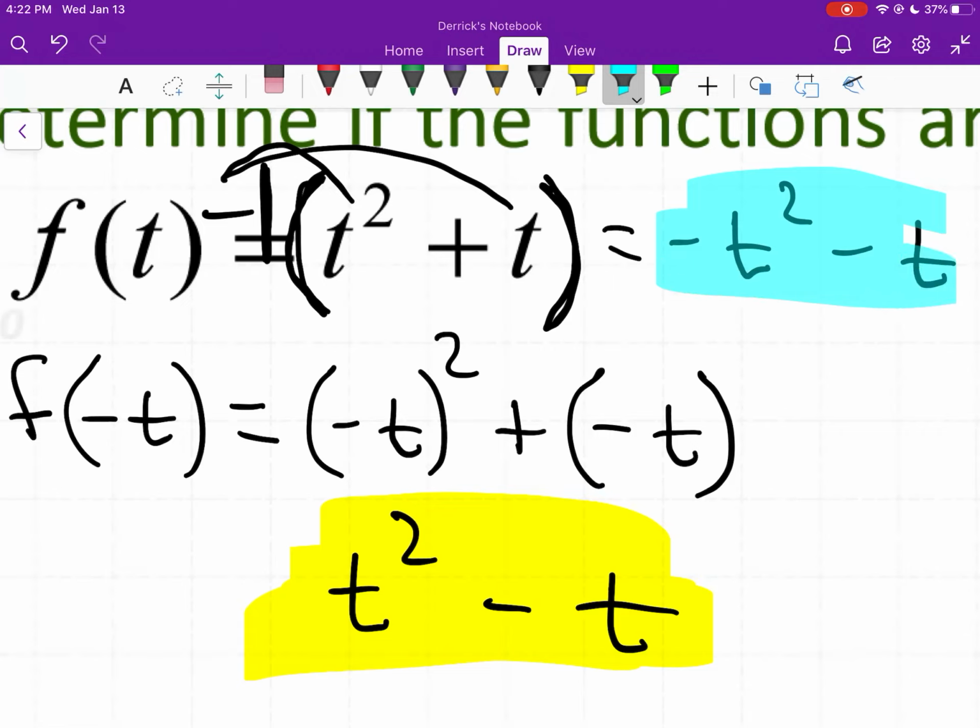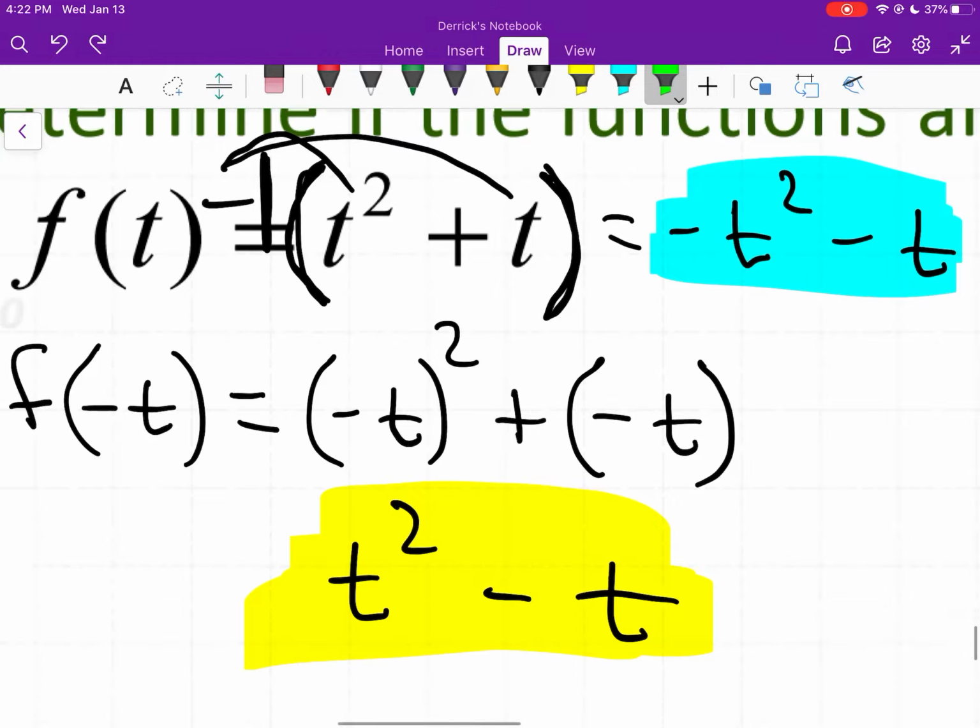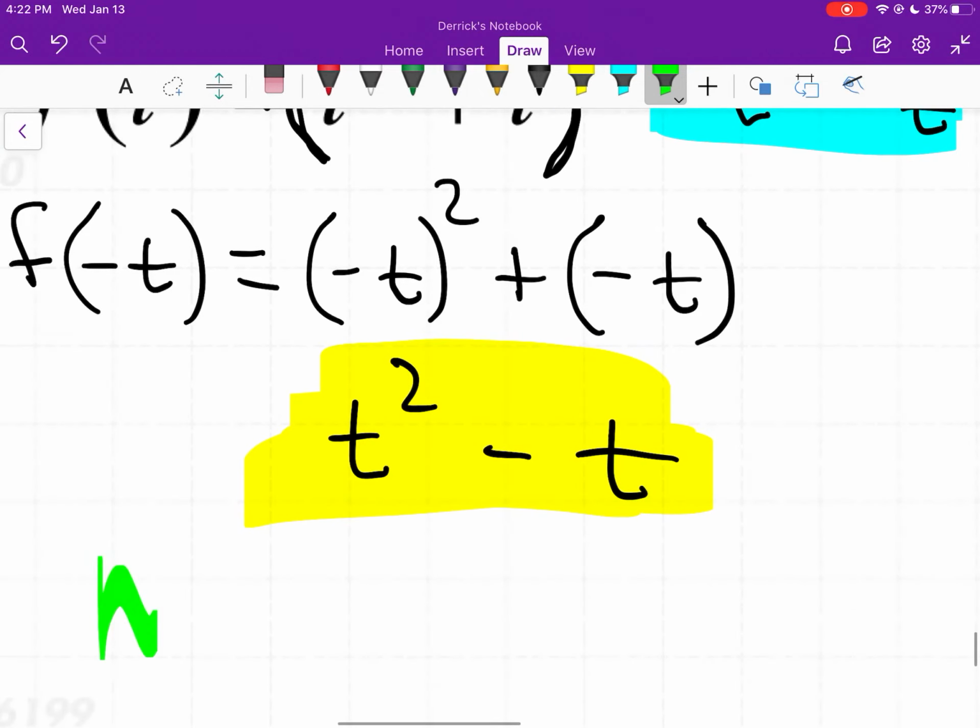And then we'd want to compare this to what we got when we plugged in negative t. This time, even these do not match up. They are not the same thing. Recognize this negative t squared up here cannot be changed at all because the negative is not inside any parentheses. So since this does not match up either, this function is neither even or odd.